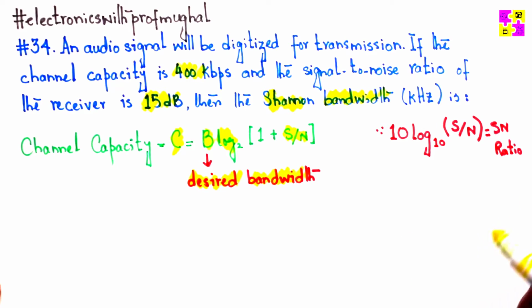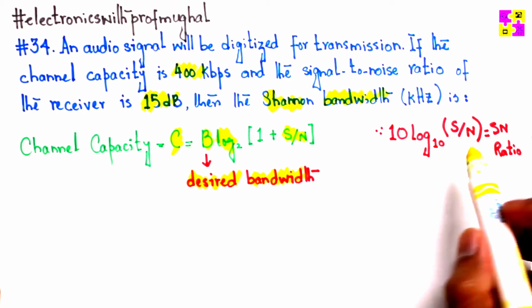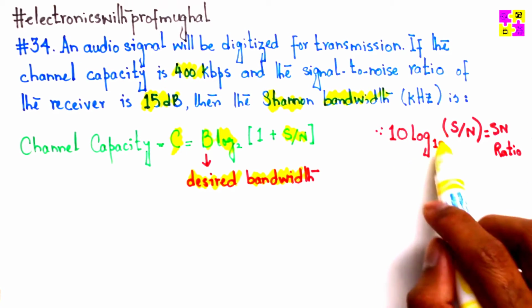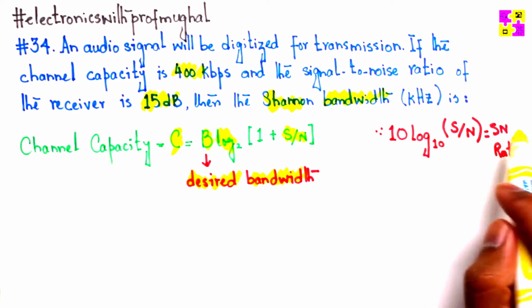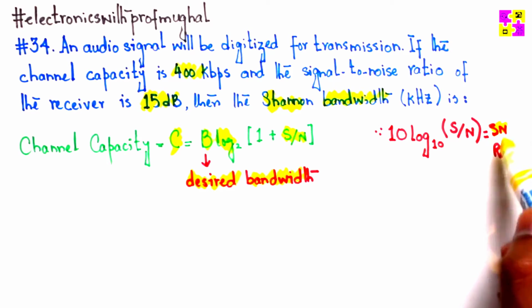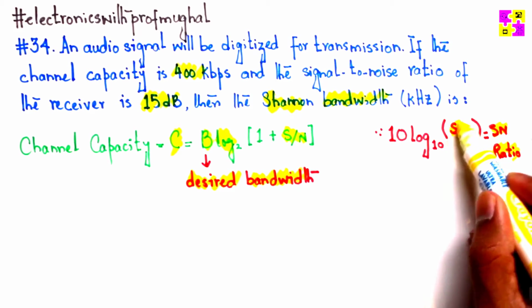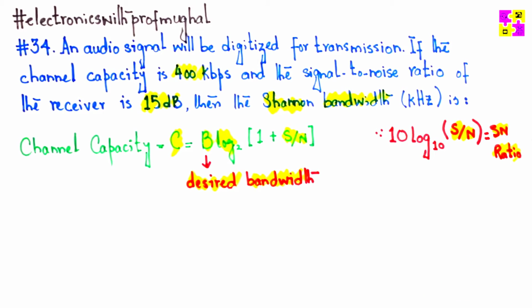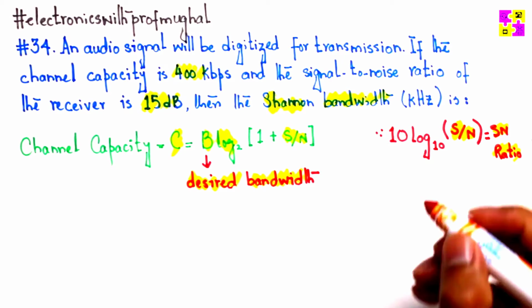And for S over N, there's another equation: 10 times log base 10 of S over N equals the SN ratio. The SN ratio being known, we can find out S over N. So let's do a little bit of math here.